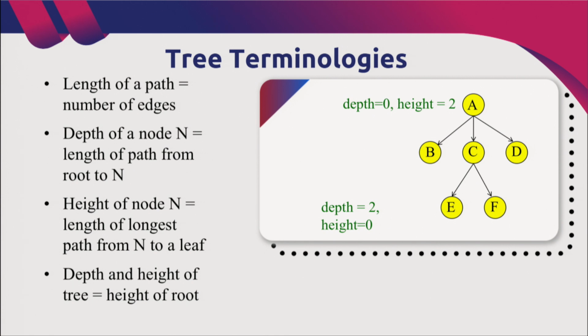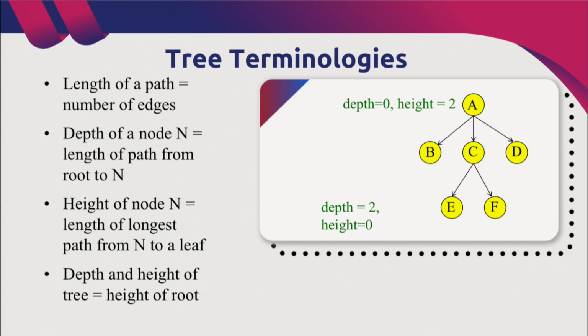So, the depth of the node is always the length of the path from the root node to that particular node n, and the height of a node n is equal to the length of the longest path from n to a leaf node. So, we always estimate height from a leaf node, and the depth and height of the tree will always be equal to the height of the root.